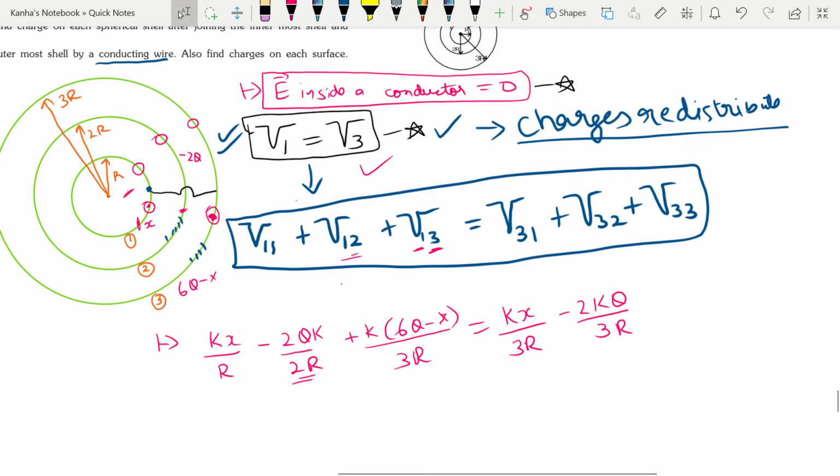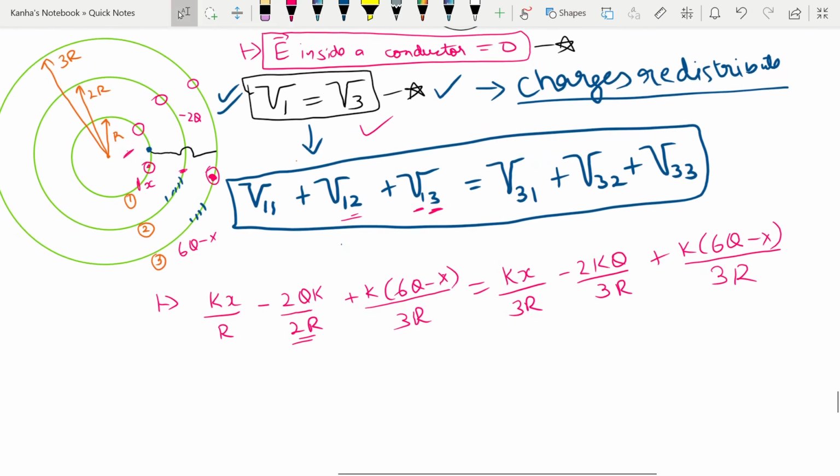And for the third one, plus k(6q minus x) divided by 3r again. So this much is clear, right?